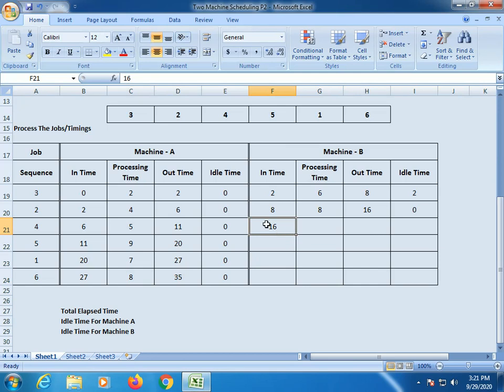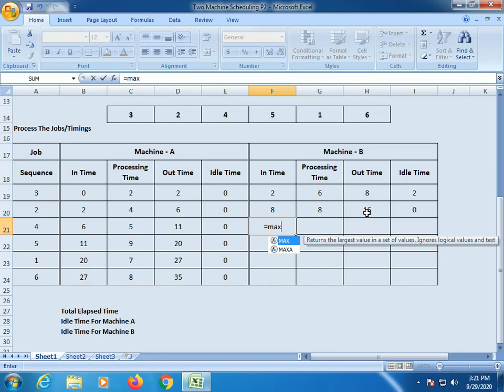So at the 16th hour we can perform the next job. Here we have to take the max of the previous job out time relating to machine B and the present job out time relating to machine A. Which is max?